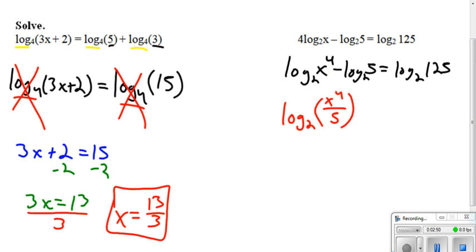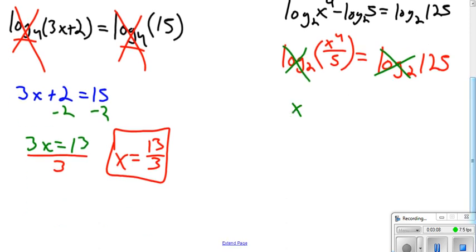And that property says that we can bring it into one piece and call it log base 2 of x to the 4th divided by 5. And the right side stays as log base 2 of 125. Now at this point, we just get rid of those log base 2's. And we now have x to the 4th over 5 equals 125.